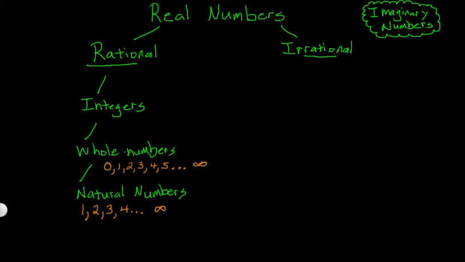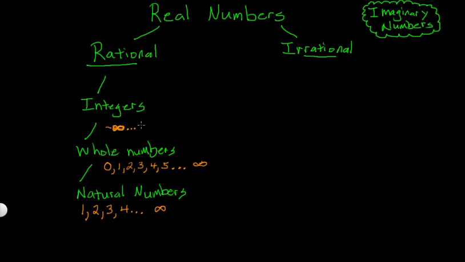Integers are like the whole numbers, except they are the whole numbers and their opposites. So the integers go to negative infinity, which, if you can imagine an infinitely small number, that's negative infinity. It includes all the negative numbers, but still we are not dealing with decimals.